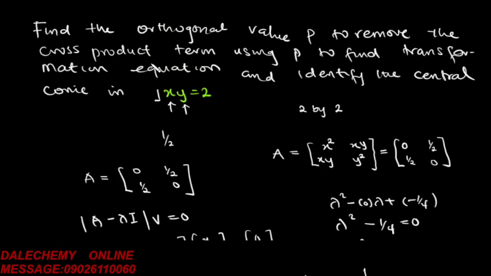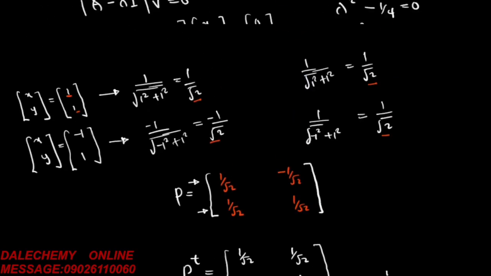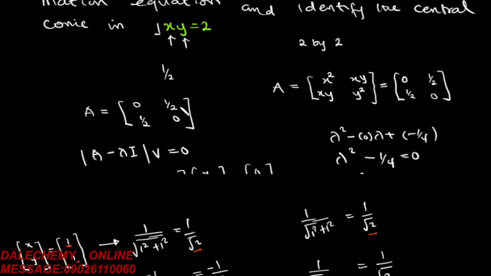Now to get the matrix they are asking you to find, that is going to be the new matrix, say for instance B, which will be the product of the transpose of P times the A, then times the P itself. So we have B equal 1 over square root of 2, 1 over square root of 2, minus 1 over square root of 2, 1 over square root of 2, times the A. Of course, the A was gotten to be 0, half, half, 0.